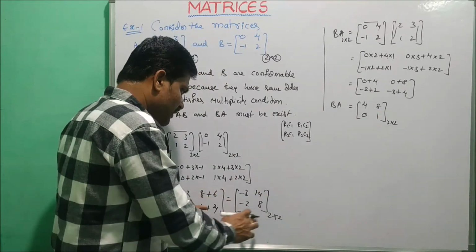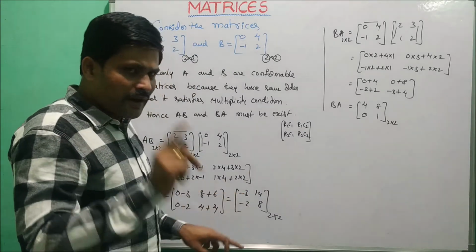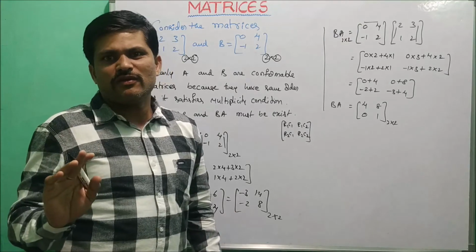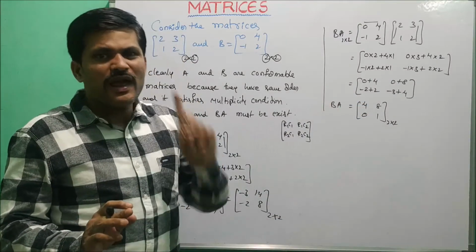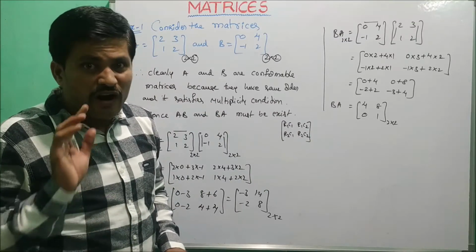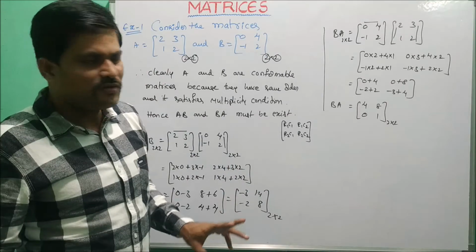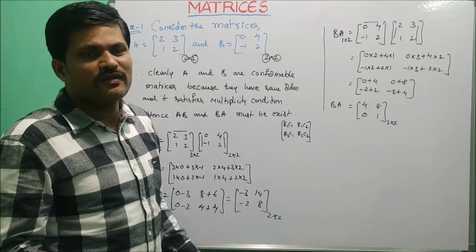So out of 4 elements, if at least one corresponding element is not equal, then those matrices are unequal matrices. Clearly here all elements are not equal in the two matrices.